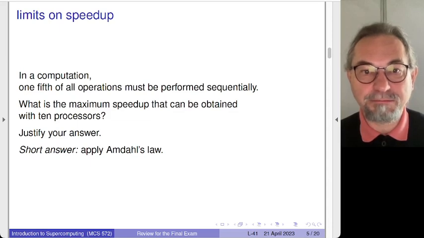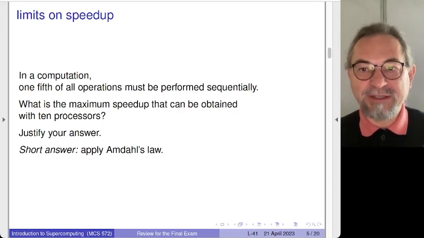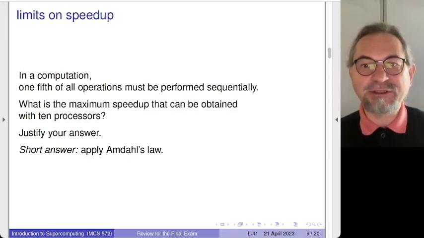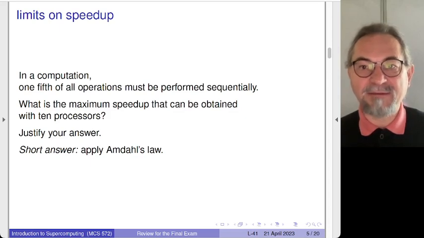So you have one timeline. You can normalize the total sequential time to 1. You have the interval from 0 to 1, cut it up into 5 pieces. The first piece is what you can do sequentially. Then the remaining part, the 0.8 part, is divided in 10 equal segments.